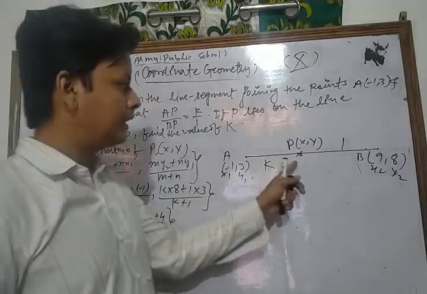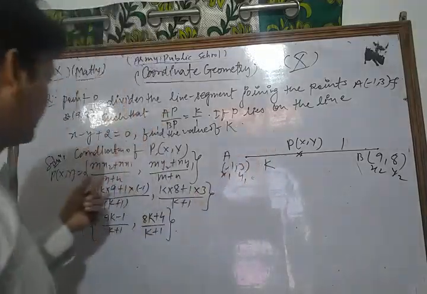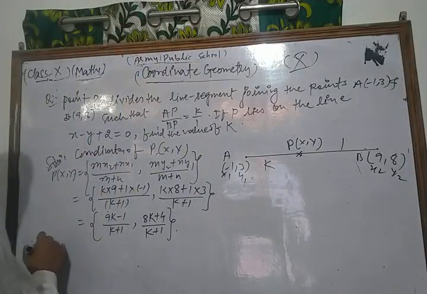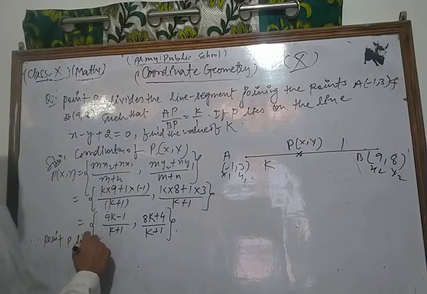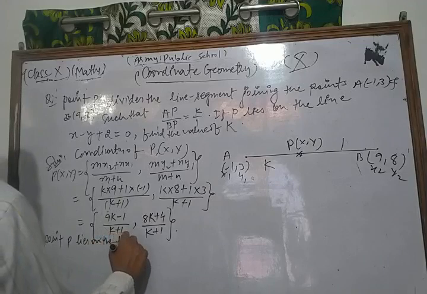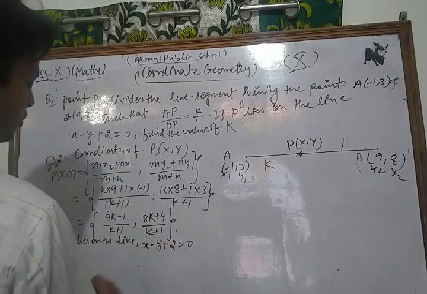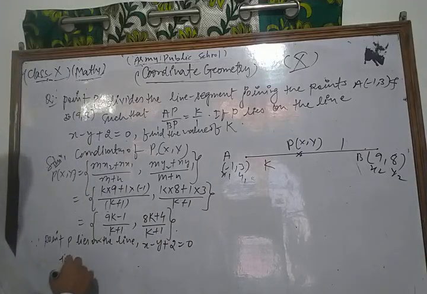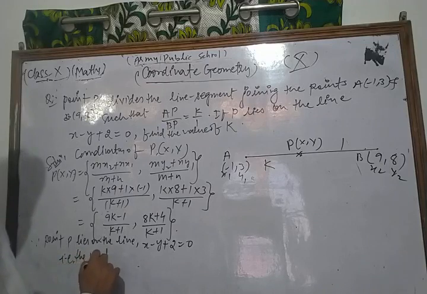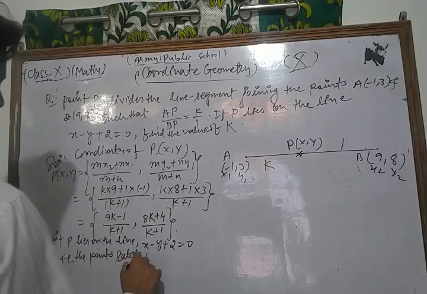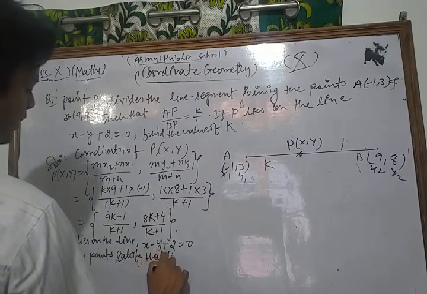Now point P lies on the given line, so the coordinates of P must satisfy the given line. So, since point P lies on the line x minus y plus 2 is equal to 0, the point satisfies that line.